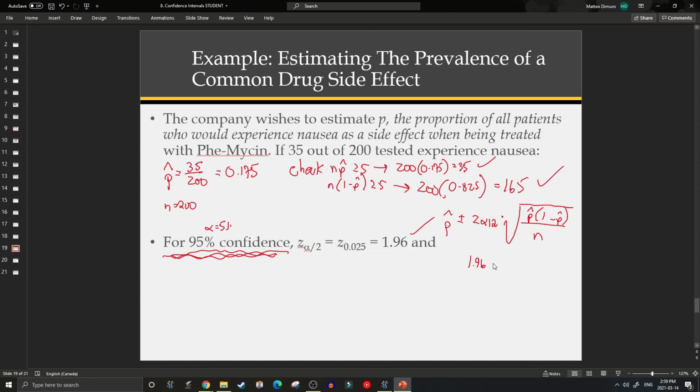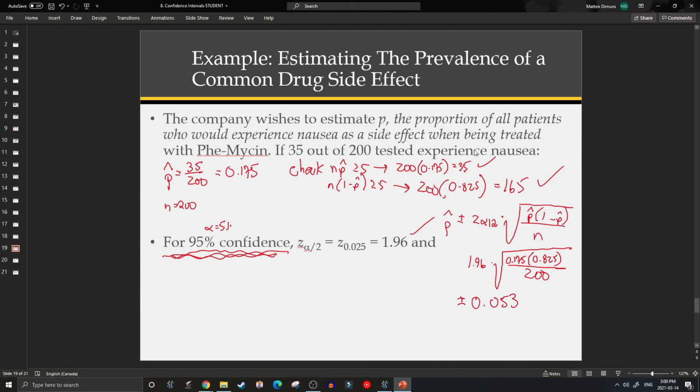We've got 1.96 for the Z value times the square root of p-hat times 1 minus p-hat, which is 0.825, divided by 200. So go ahead, type it in on your calculator. Multiply the two top numbers, divide by 200, do the square root, then multiply that by 1.96.